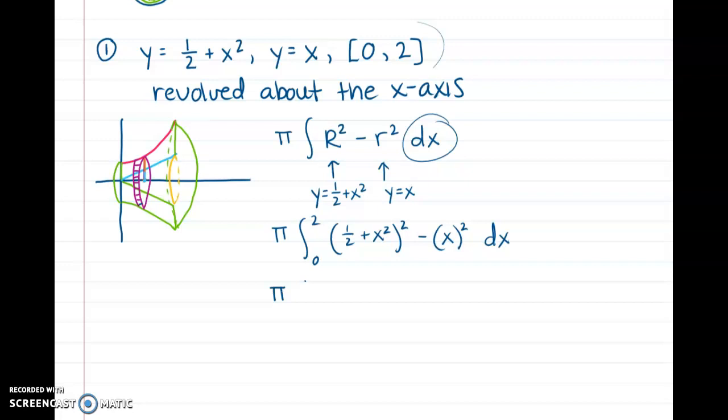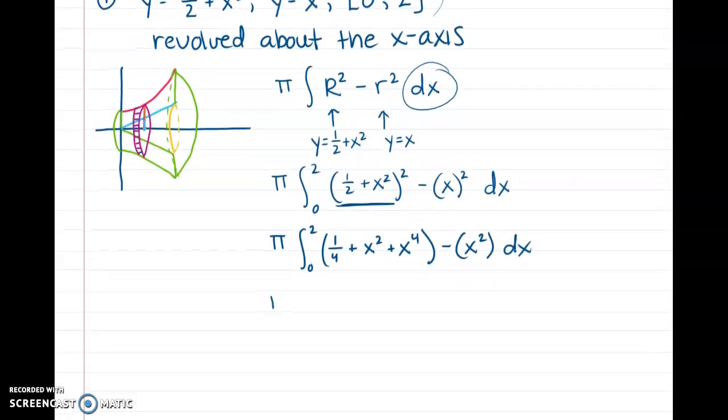Now if we distribute this out, it turns into 1/4 plus x squared, because we'll have 1/2 an x squared plus another 1/2 of an x squared, plus x to the 4th, minus x squared dx. Conveniently, some stuff goes away, by which I mean the x squareds.